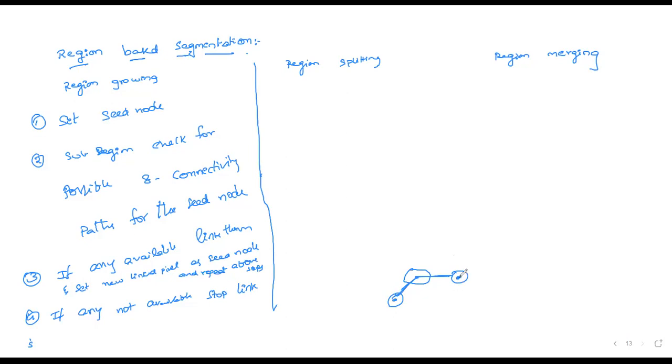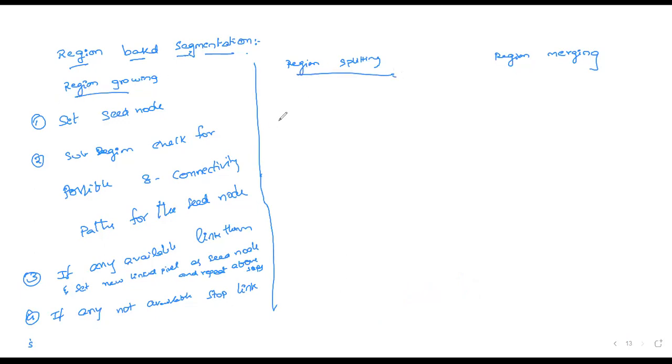Now you have to check for this one 8 connectivity, any available or not. Like that, we are growing the region. This is region growing segmentation. Okay.